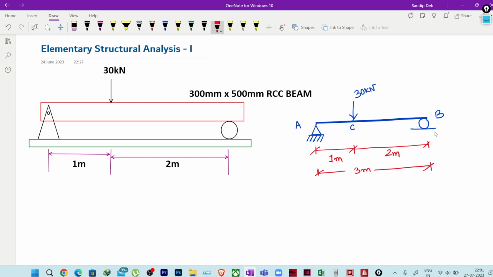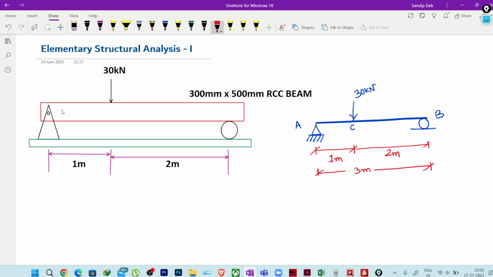Now I am considering that we at least know what these support conditions are. It is a pin support, so that means the translation along the horizontal direction is restricted. The moment will not come here, because rotation is allowed.